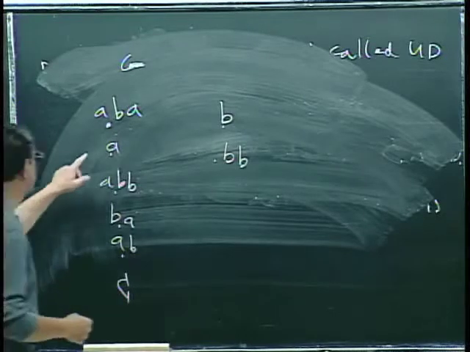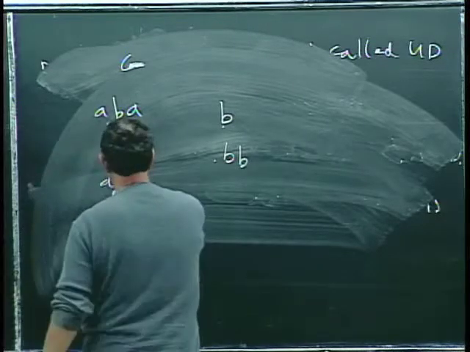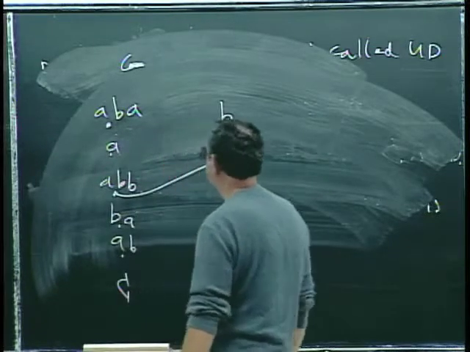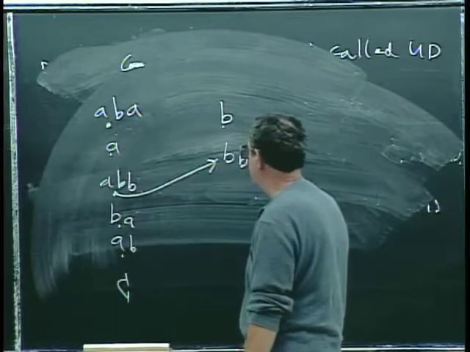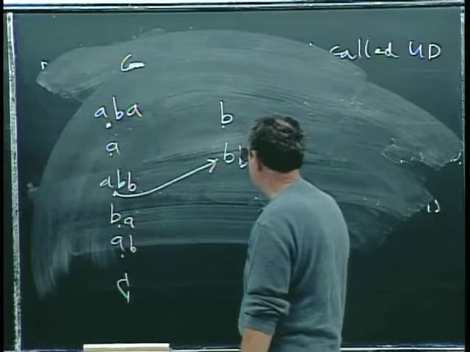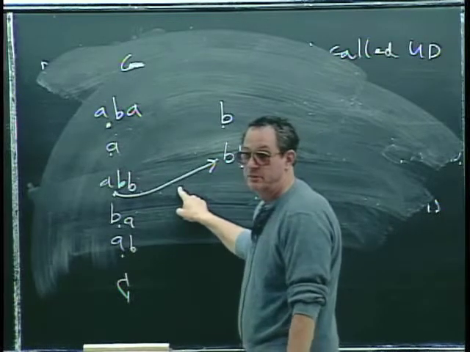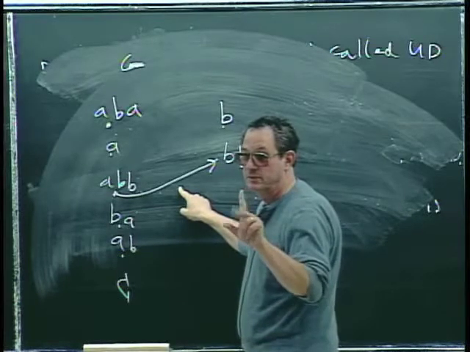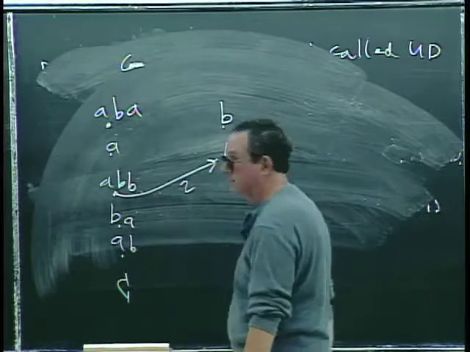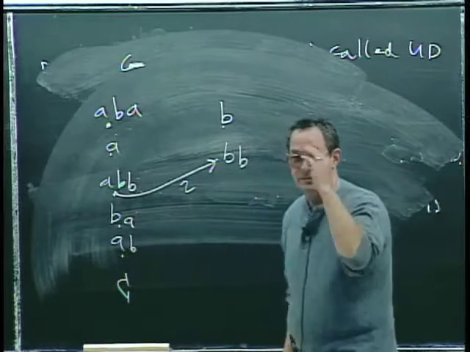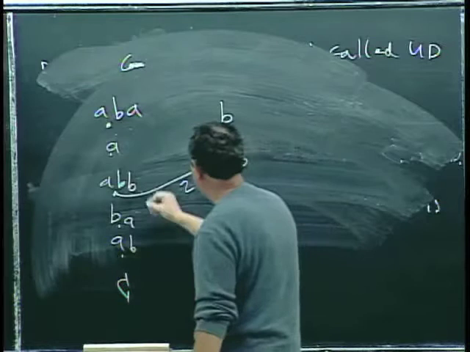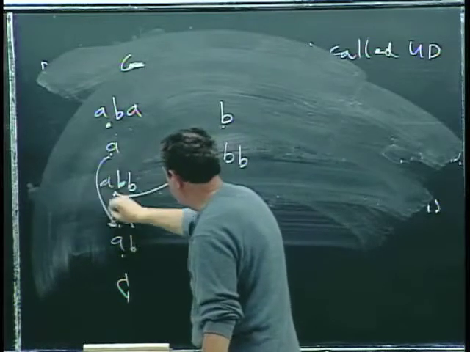ABB to BB. ABB to where? BB. Okay. A is a code word, BB is a suffix, and ABB is a suffix. Right. So is this type 1 or type 2? 2. Okay. What else? A to BA, type 1.